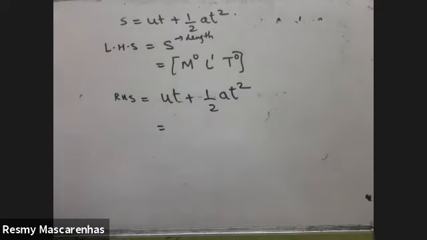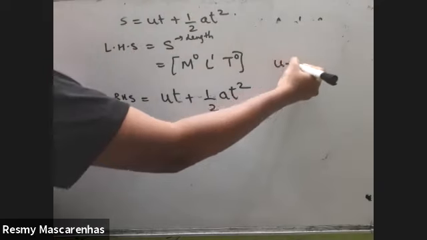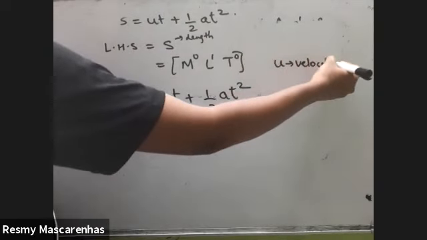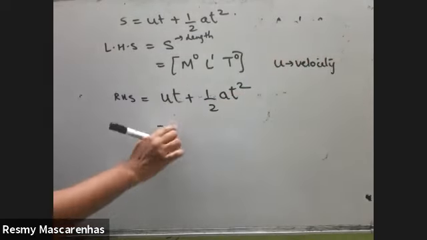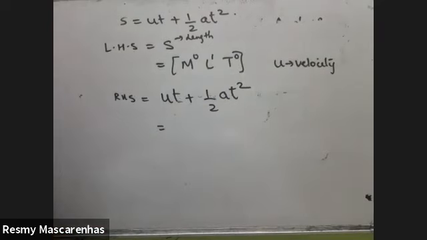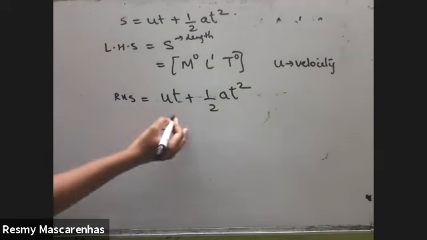Whether it says initial velocity or final velocity should not bother us. What you have to look out for is that u is velocity. You have to write the dimension for velocity. Velocity is speed, and speed means distance upon time. If you know it by heart, you can directly substitute.